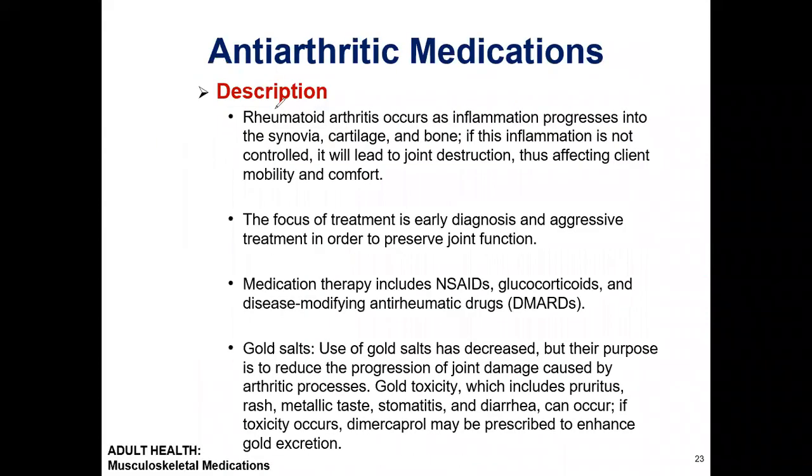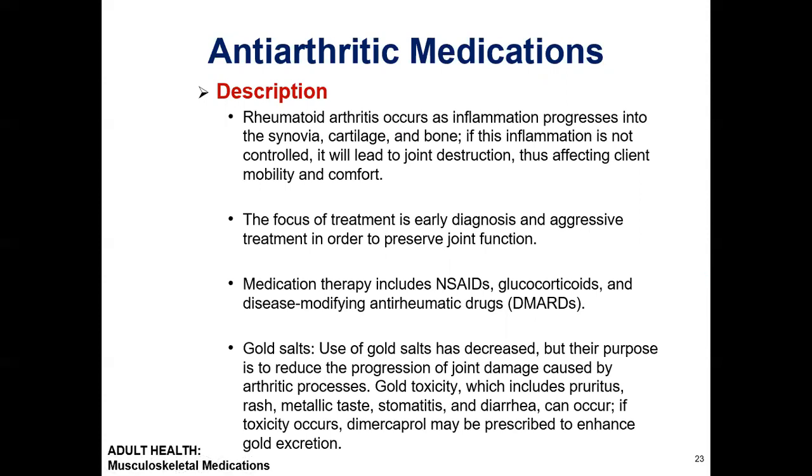So here, like first one, rheumatoid arthritis. Rheumatoid arthritis occurs as an inflammatory process. We are going to talk about all kinds of arthritis now: osteoarthritis, rheumatoid arthritis, osteoporosis, all compare and contrast.